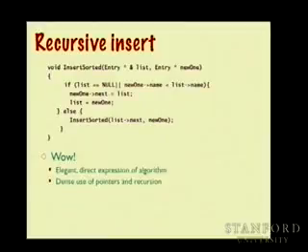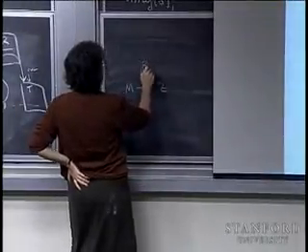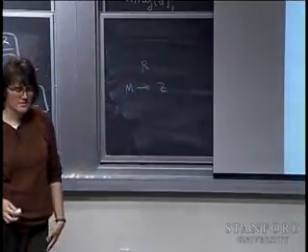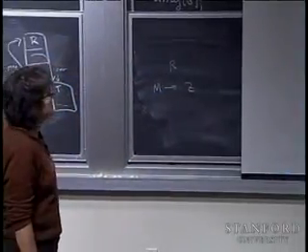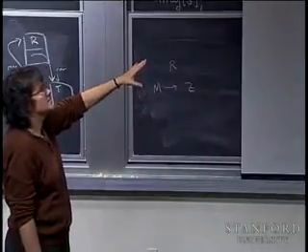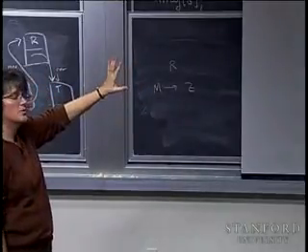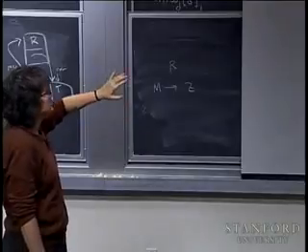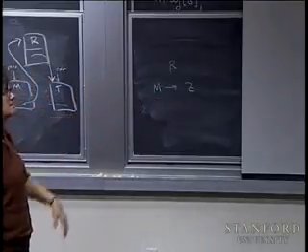Now, not using this iterative dragging of a previous pointer, but instead using a strong, dense, recursive, powerful formulation that basically says, given a list that I'm inserting into, let's say it's the M through Z part of the list, and I'm trying to insert R, I compare R to the front of the list and ask, does that become the new front of this list? That's what my base case is looking at. Is the list empty or does this one go in front of it? If so, prepend it. Otherwise, just insert it in the remainder of this list.